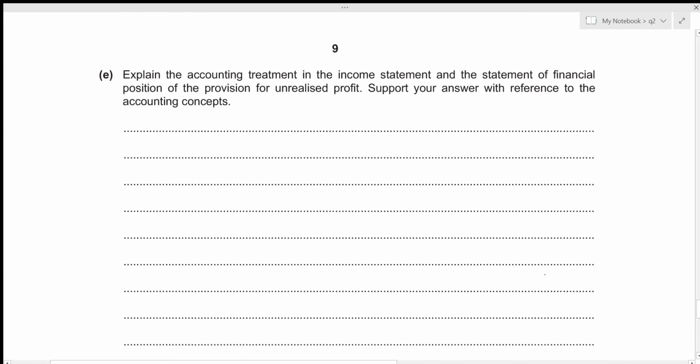We need to explain the accounting treatment in the income statement and the statement of financial position of the provision for unrealized profit. We need to support our answer with reference to the accounting concepts. Okay, so what we know is that the profit is unrealized because finished goods have not been sold to third party yet, right? Let's write it down.